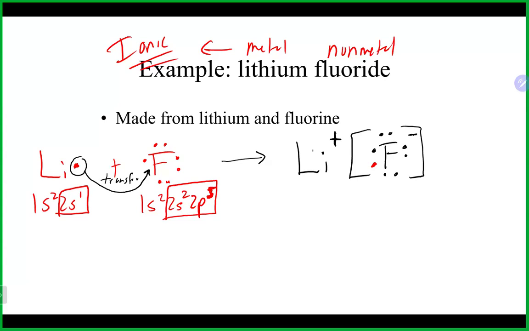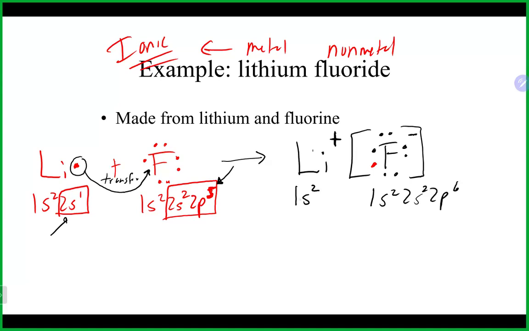What happens to our electron configuration in this case? Our lithium loses that electron and now becomes 1s2, as it has one less electron. Our fluorine gains the electron into that subshell, and now we have 1s2, 2s2, 2p6.